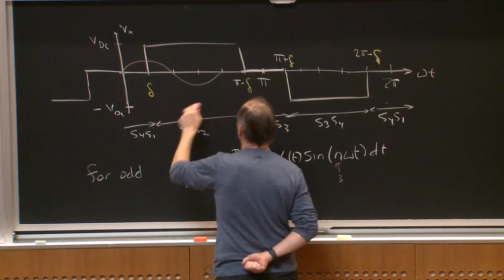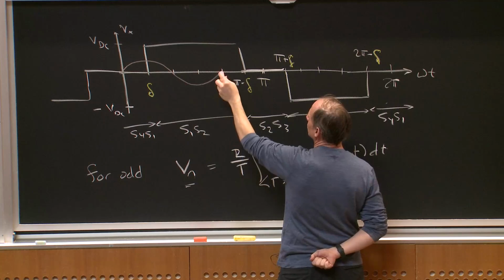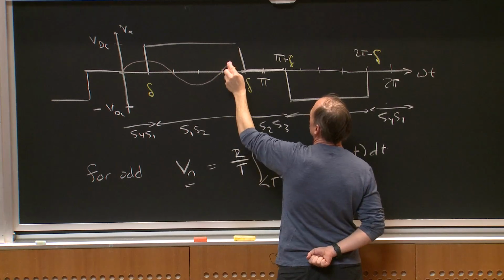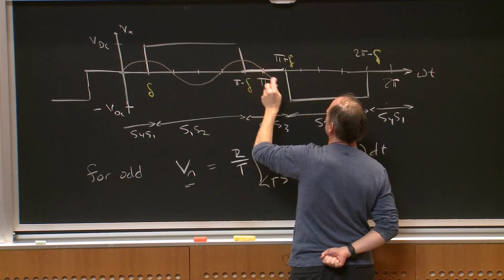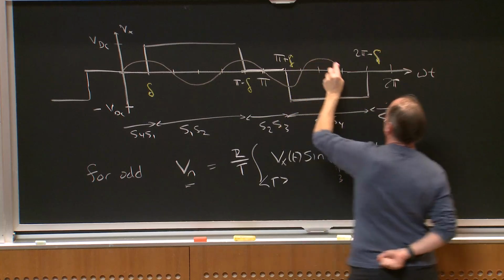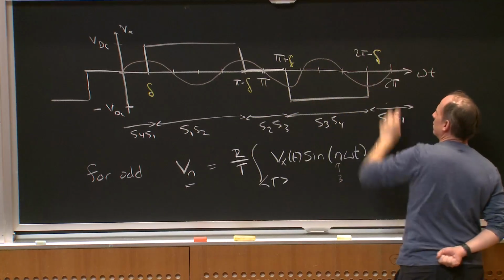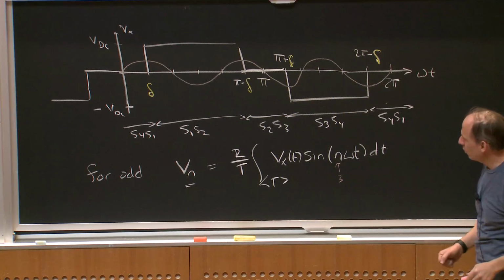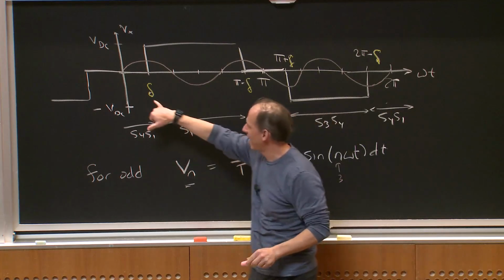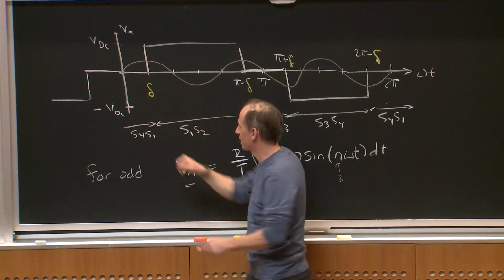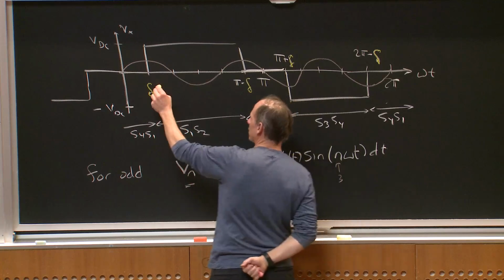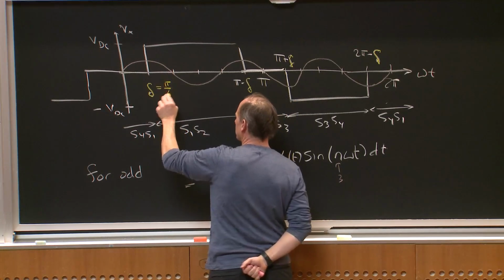The sine 3 omega t would look like this. And I picked this angle delta to be exactly 30 degrees, or pi over 6. So this example is delta equals pi over 6.